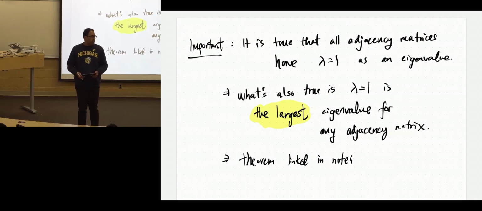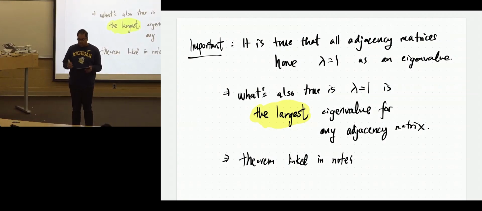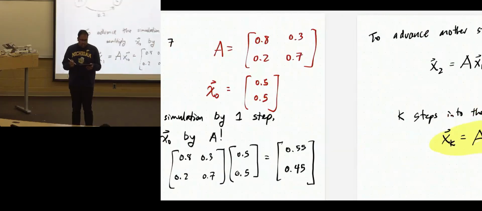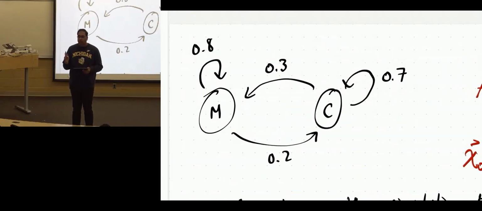So one of the examples in lab, it's kind of cool. This theorem guarantees that 1 is the largest eigenvalue. And using the logic we just discussed, if 1 is an eigenvalue and something smaller than 1 is an eigenvalue, then the long-run system will converge to the eigenvector for eigenvalue 1. Something I didn't realize when making the lab question last semester is that we gave you an adjacency matrix where the other eigenvalue was -1.